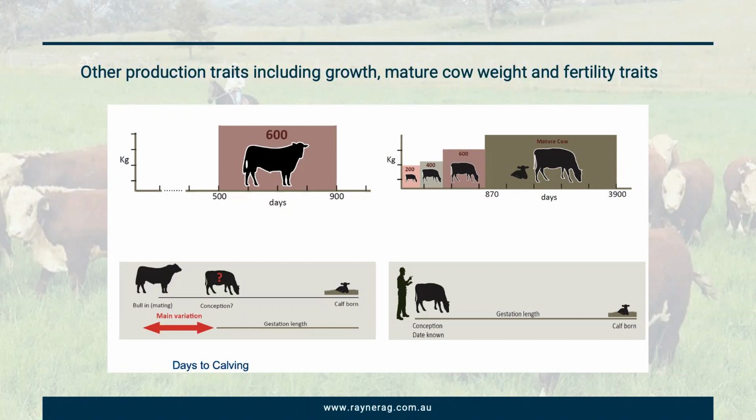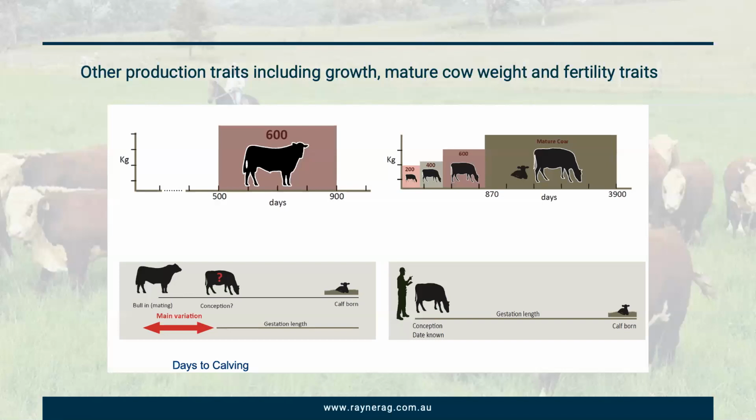Now, rather than go through every individual EBV, I think it's important that you spend some time thinking about what EBVs are available within your own breed, but also which ones are important. Think again about the fact that if you select for a single trait, let's think for a second about growth. We know that growth is positively correlated to mature cow weight.